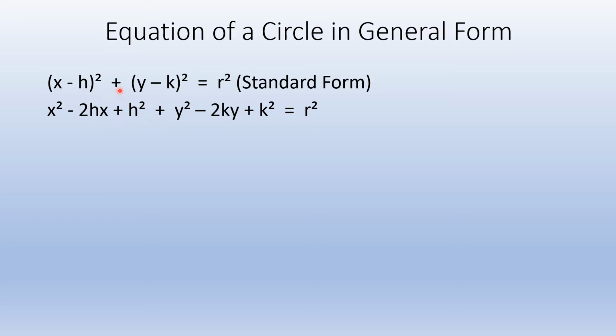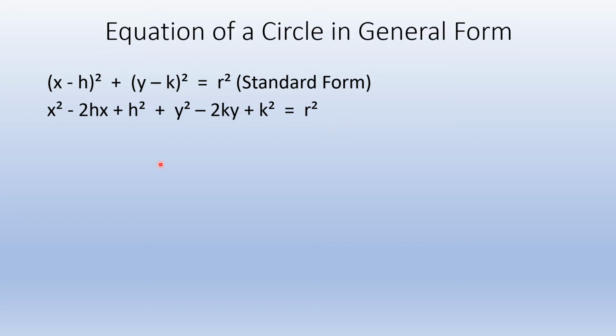Plus, so ito yun, plus. Then you expand (y minus k) squared, which means (y minus k) times (y minus k). So that equals y squared minus 2ky plus k squared equals r squared.